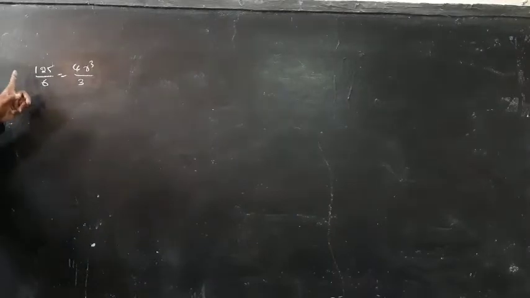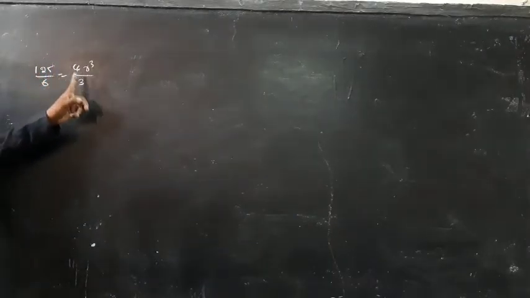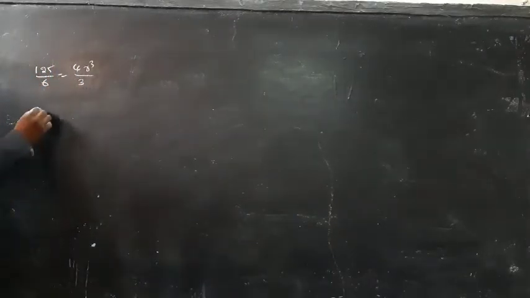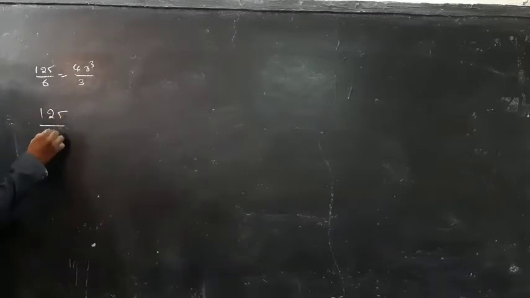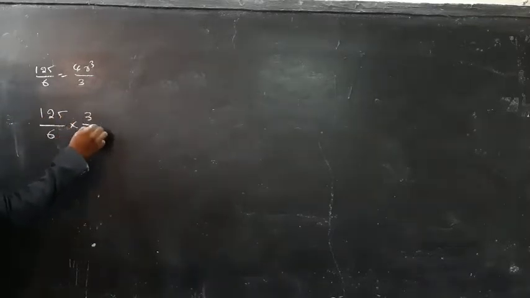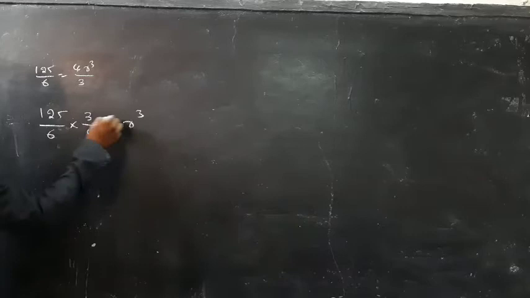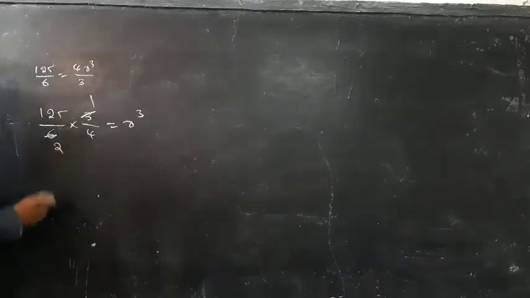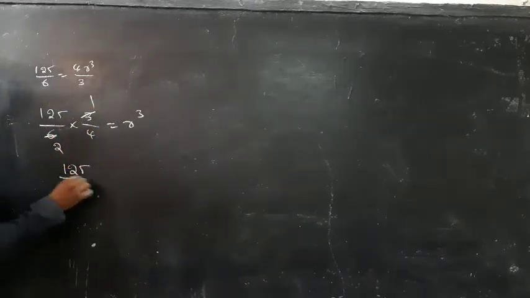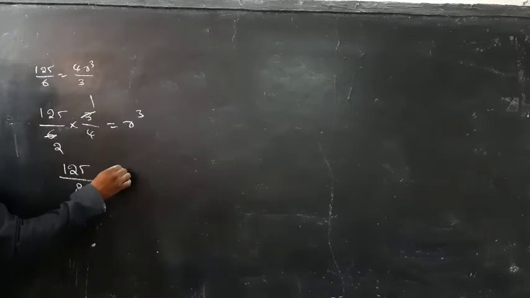Here 125 by 6 is equal to 4 by 3 r cube. So it is 125 by 6 into 3 by 4 is equal to r cube. 3 ones are 3, 3 twos are 6. So 125 by 8 is equal to r cube.